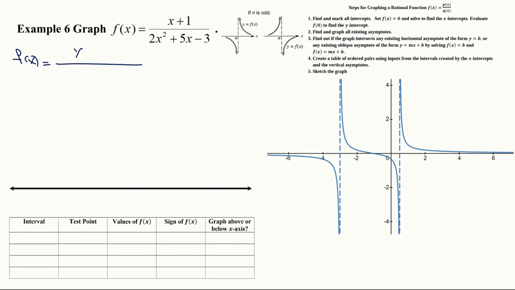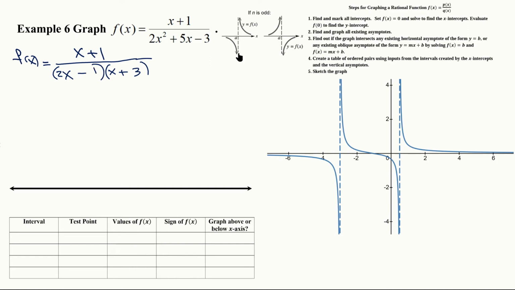So we have f of x equals x plus 1 over... all right, so we're going to just use trial and error, the FOIL method. So what if we have 2x here, and I want to get a 5, so maybe a 3 here, x here, and I want a positive 5, so we'll make the positive on the 3, and we'll have a negative 1 here.